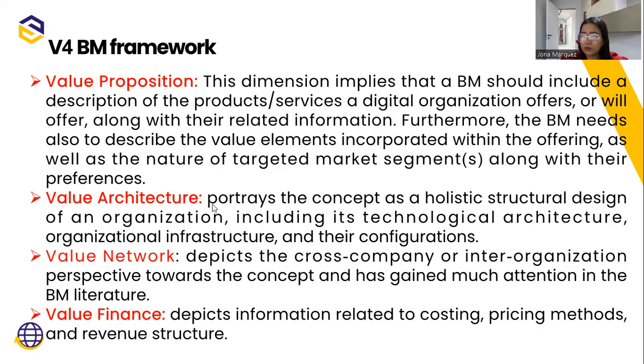When we say value architecture, it portrays yung concept as a whole structural design of organization, katulad ng technological, organizational structure, and their configuration. Okay, when we say value network, it depicts the cross-company or inter-organization perspective toward the concept, no, and has gained much attention in business model literature.